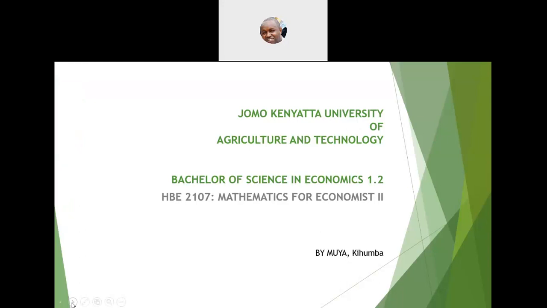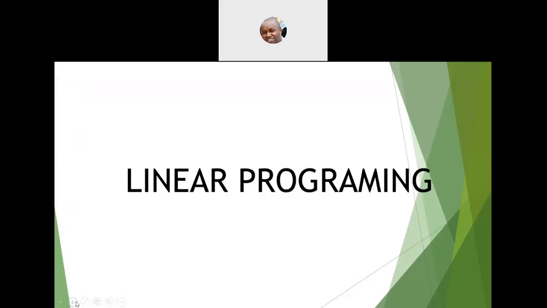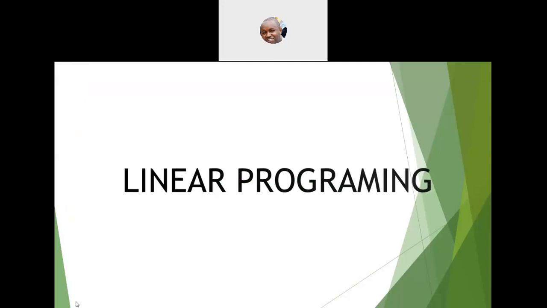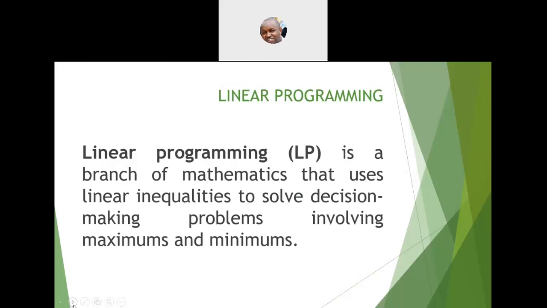In today's lesson, we'll be looking at linear programming. What is linear programming? Linear programming is a branch of mathematics that uses linear equalities and inequalities to solve decision-making problems that involve maximization and minimization problems.